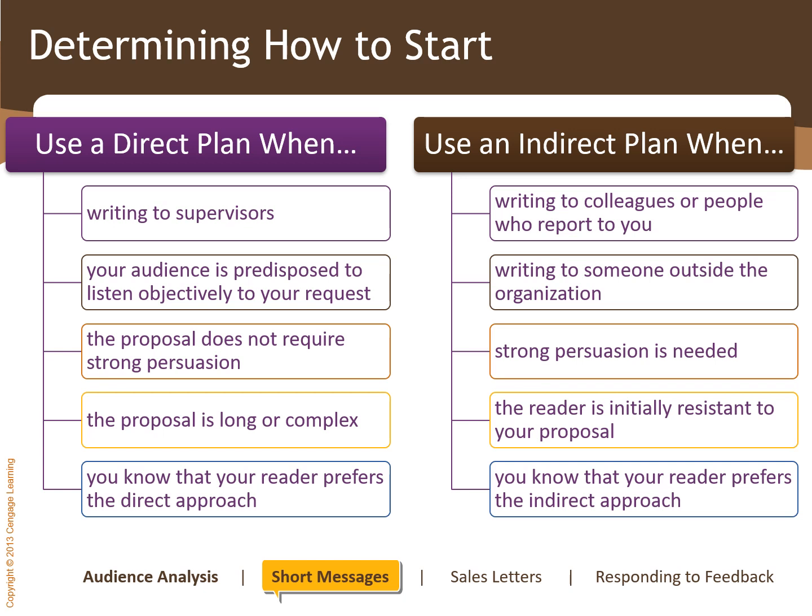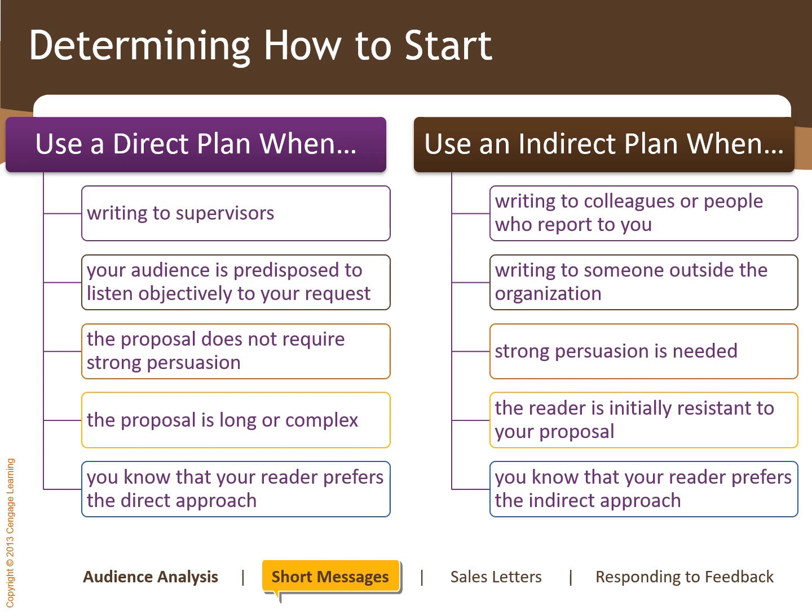When strong persuasion is needed. So when you know that this is a very difficult situation, and it is very likely that people are going to say no to your request, then you begin with the convincing points first, and then you present your request. And also when the reader is initially resistant to your proposal, when you know that the professor has told us before that there are no makeup exams, that all marks are final.